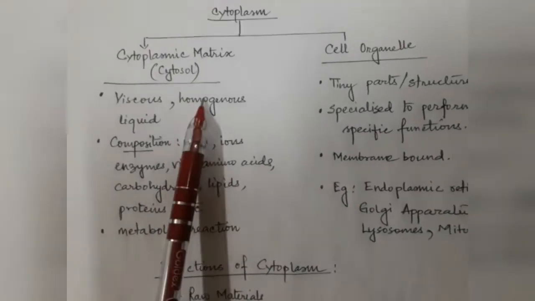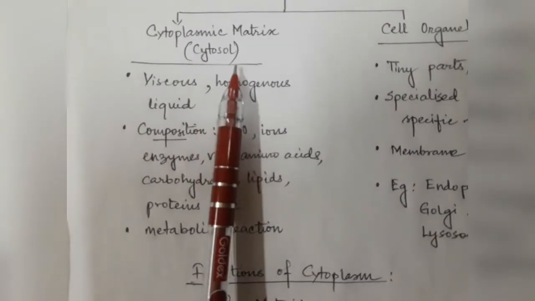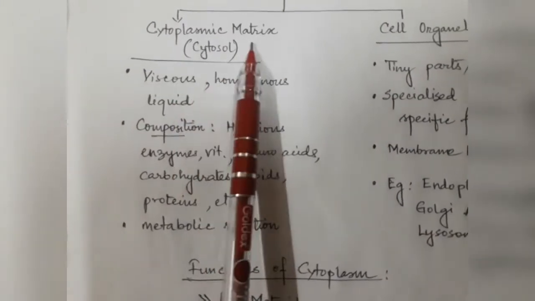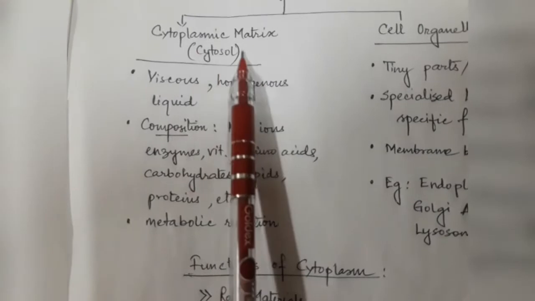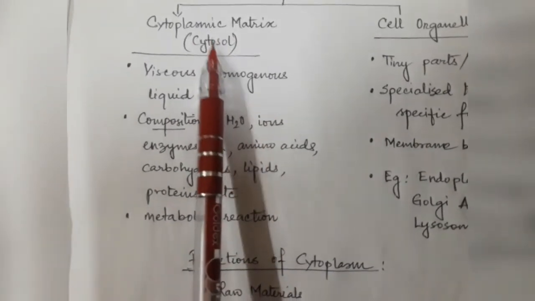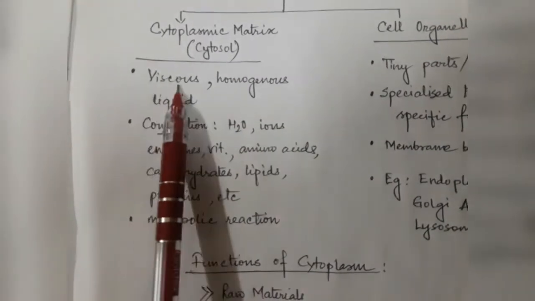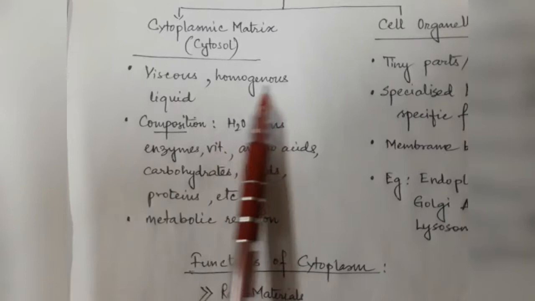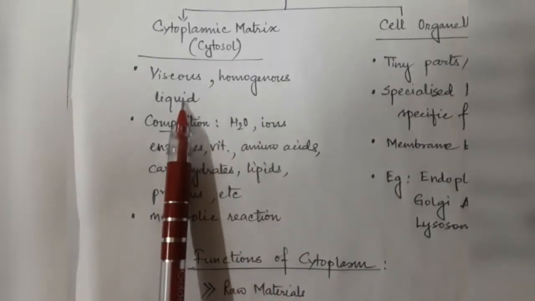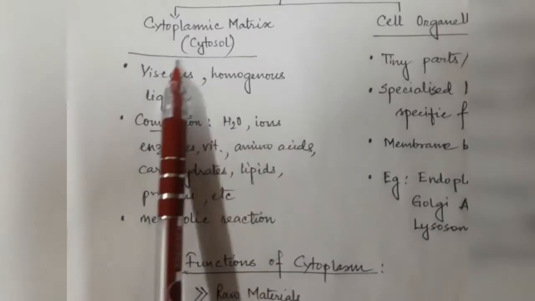So we are focusing on the cytoplasmic matrix, right? The cytoplasmic matrix is also known as cytosol, and like I said, the matrix is the fluid part, the liquid part. It is a viscous, homogeneous liquid, right, that contains various materials within.